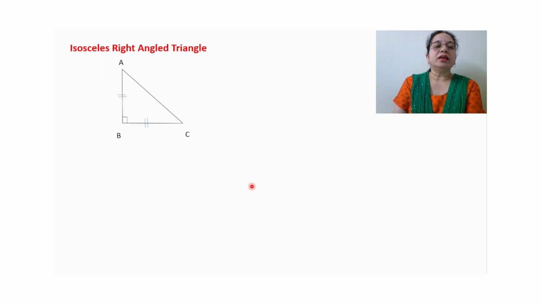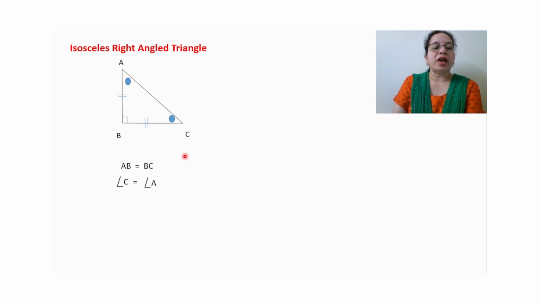Isosceles right angled triangle. Here you can see that this is a right angled triangle. In this right angled triangle, these two sides are equal in measure, so this is an isosceles triangle also. So we can combine them: isosceles right angled triangle. Here AB is equal to BC. Opposite to AB, which angle is there? C. And opposite to BC, which angle is there?